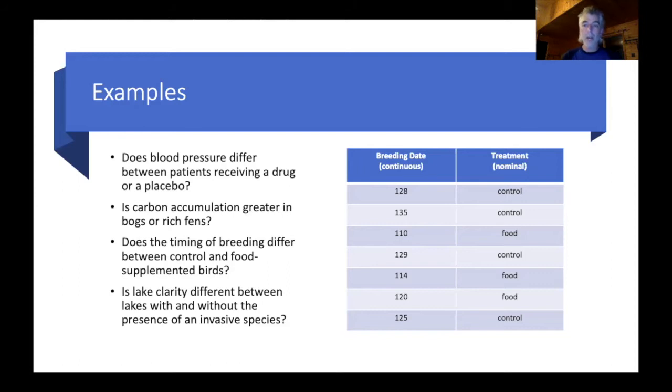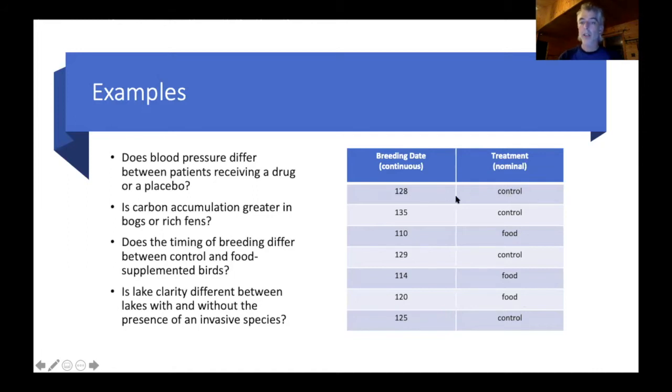And so in a two-sample test, then, we might arrange our data like this, where we have two variables. One variable is our continuous variable corresponding to the measurement that we made, and the second variable is a nominal variable that identifies which sample each observation came from. So in this case, where we might be considering the effect of food supplementation on the breeding date of birds, here in this first column, we have our observations of breeding dates, and then in the second column, an indication of what the treatment was.